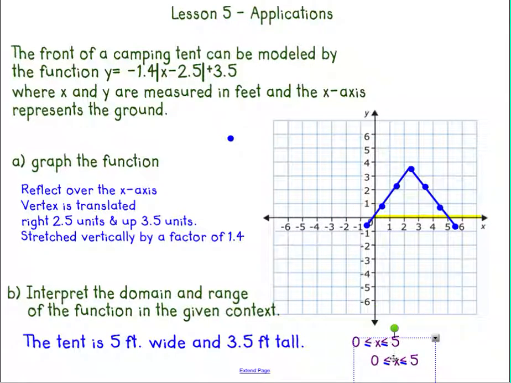So your range will go from 0, but instead of to 5, we're going to change this to 3.5. So that would be your domain and range on that one. So the tent would be about 5 feet wide and 3.5 feet tall.